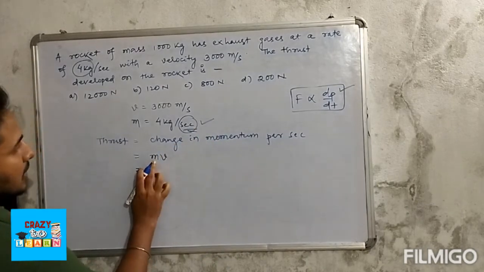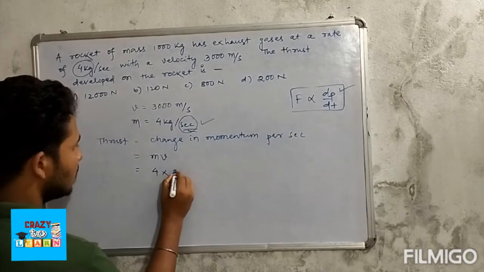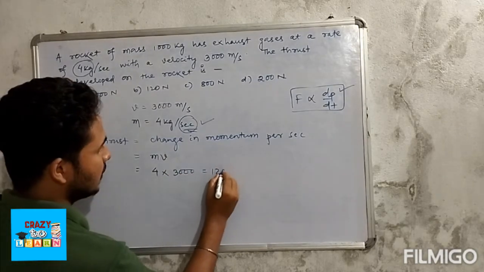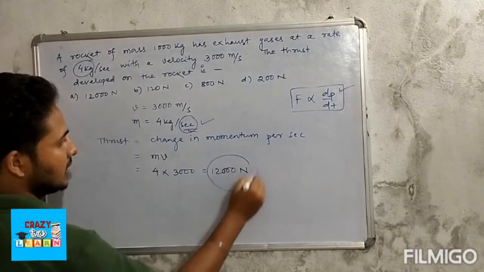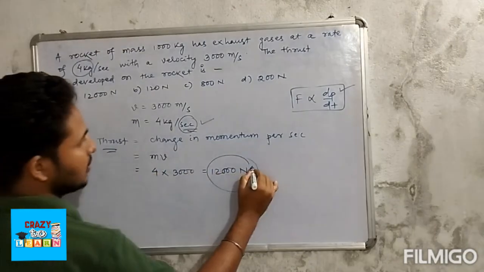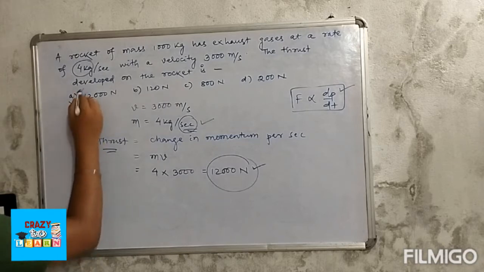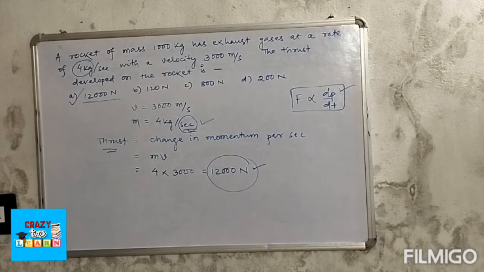So in the place of m we will put 4, and velocity is equal to 3000. So what is the answer? 12,000 Newton. As thrust is given to you, the unit is Newton. The answer is 12,000 Newton. Option A is the correct one.